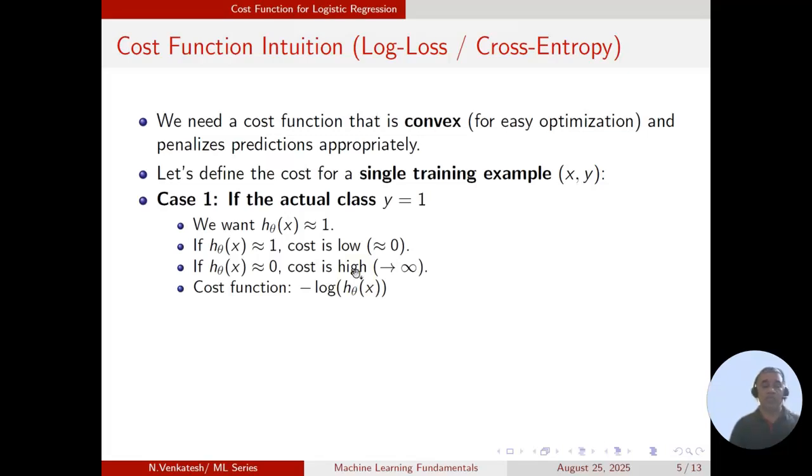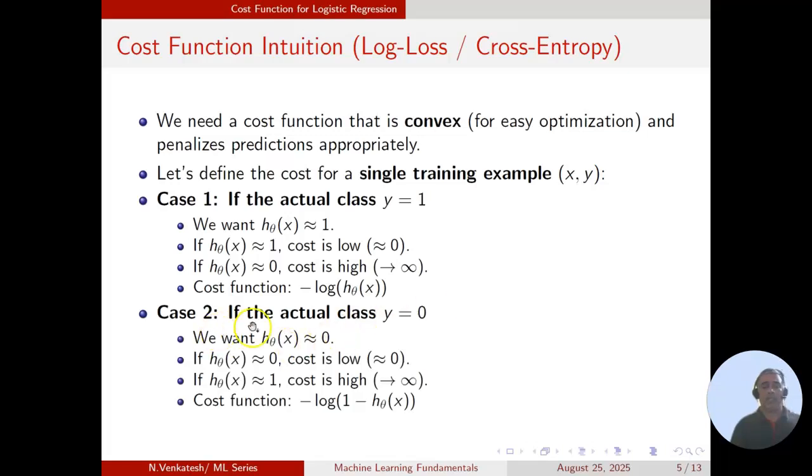Then what cost function is suitable? You can choose a cost function like minus log of h theta of x. So minus log of 0, so 0 you can write it as e power minus infinity, so then it will be infinity. Similarly, in the other case, the actual class should be 0.